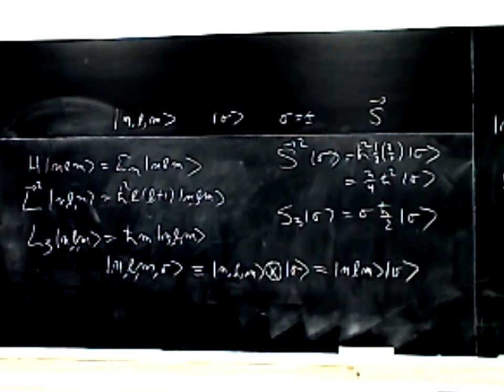What I should say here is that J is the total angular momentum. So then these are eigenvalues of J squared. And also J3.